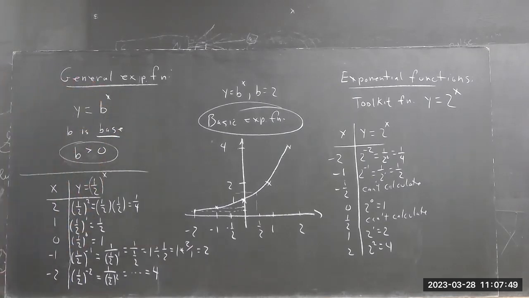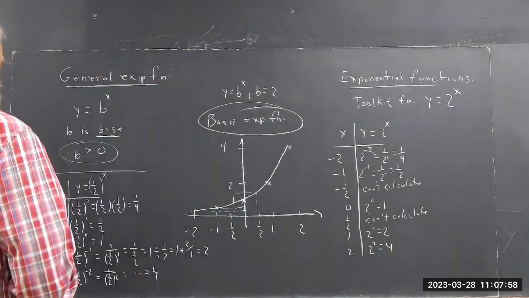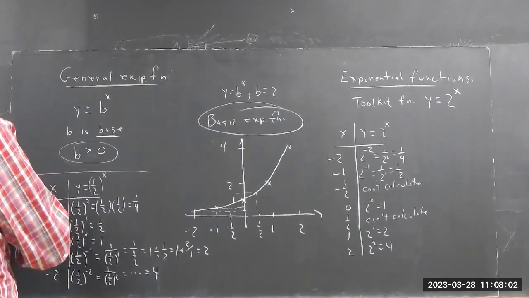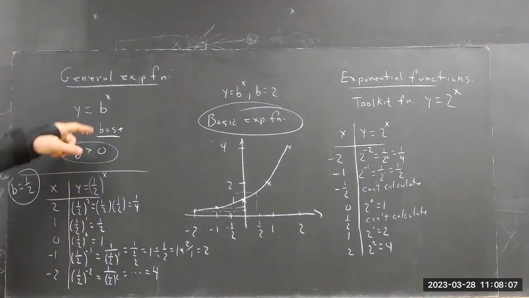Now, for another demonstration, we can do the b equals 1/2 function. So if b equals 1/2, then y is b to the x, which is 1/2 to the x.